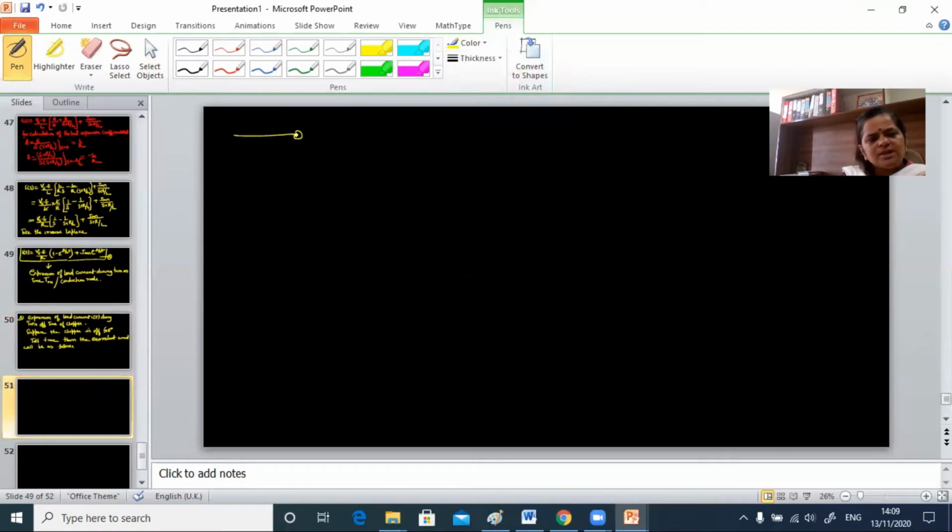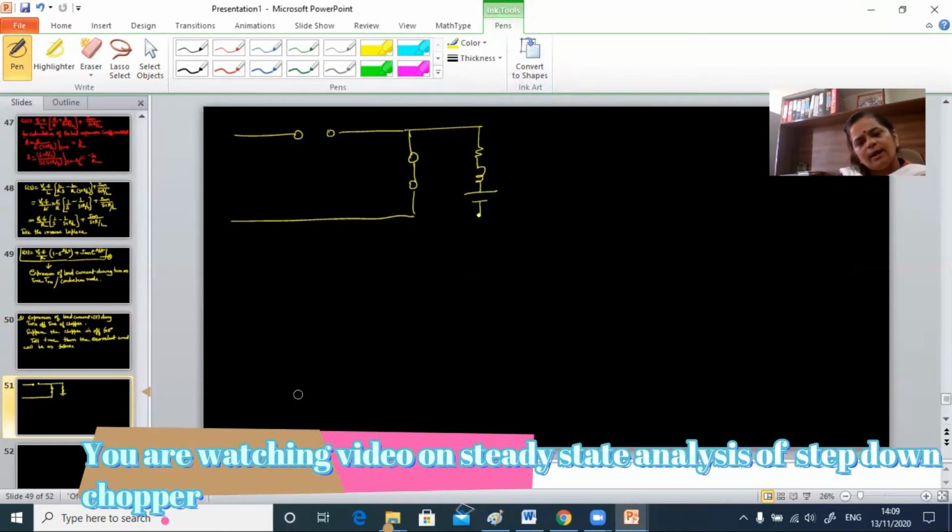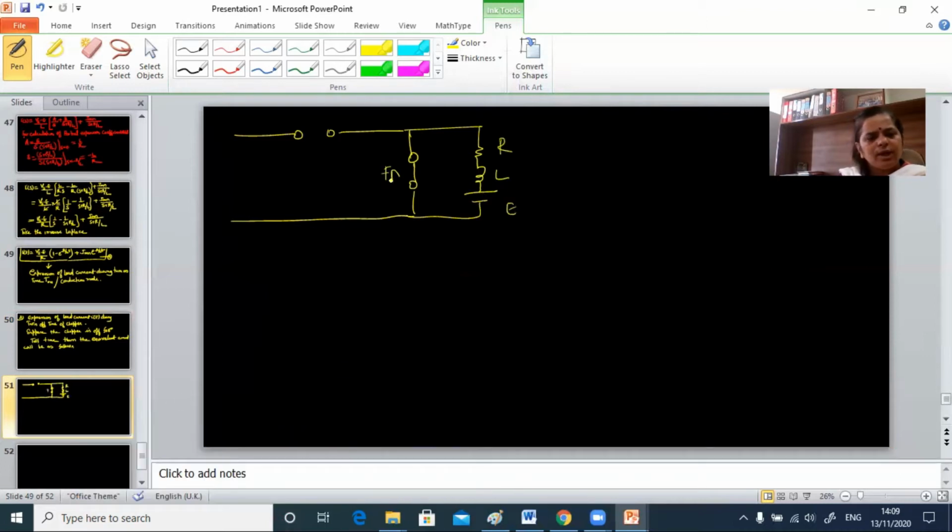Chopper is off means it will act as an open circuit. Freewheeling diode is acting as a short circuit. And again the load is RLE. And this is FD. This is chopper, and here plus minus Vs. Now the current will flow like this and this is IT dash.